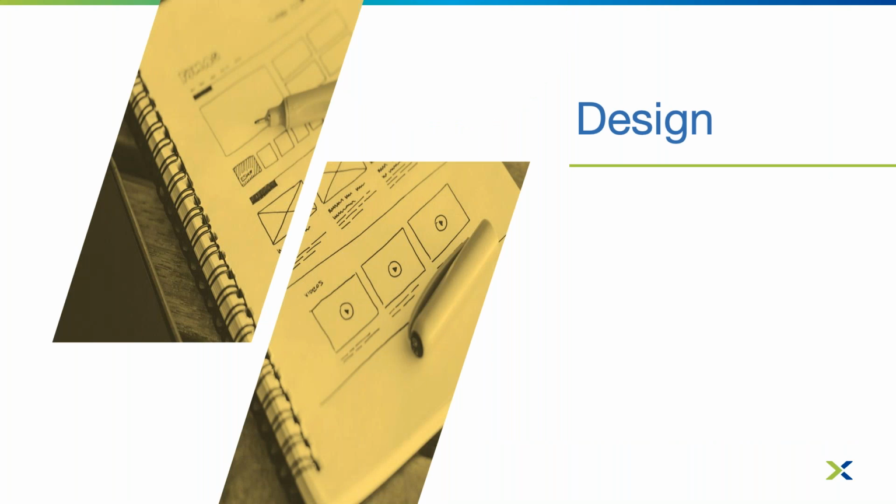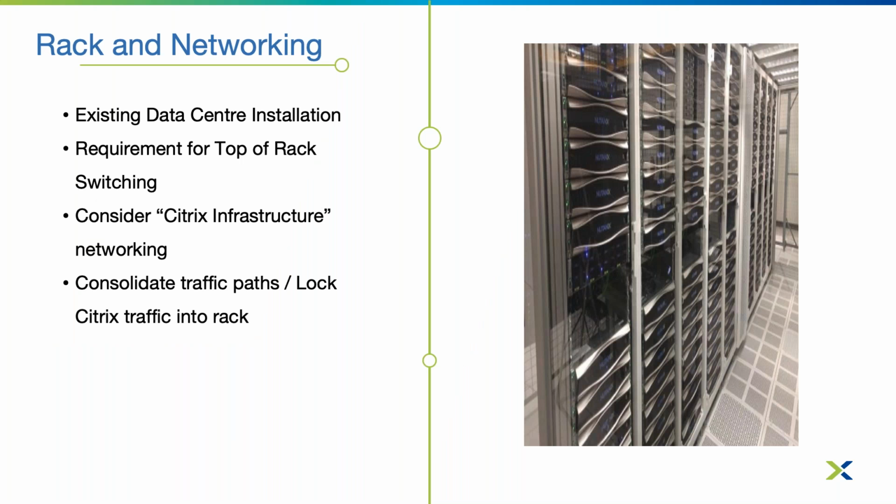Moving on, design. I'll go through some of the stuff we had to think about, certainly when we were putting the Nutanix platform in. First, I'll start with the racking and the networking. You've got to be aware that moving to Nutanix and HCI, it may not suit your current data center rack config. There are specific requirements of the rack, just down to the nature of how Nutanix works.